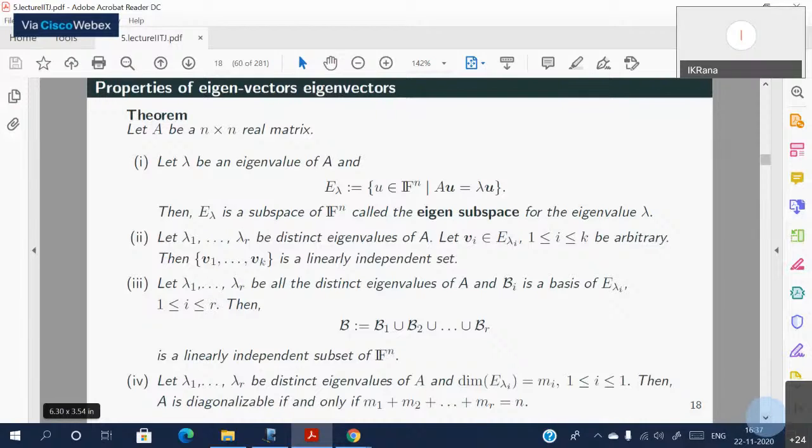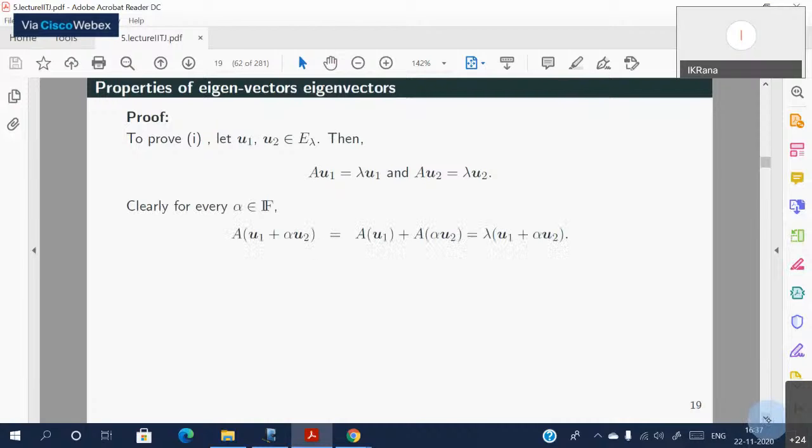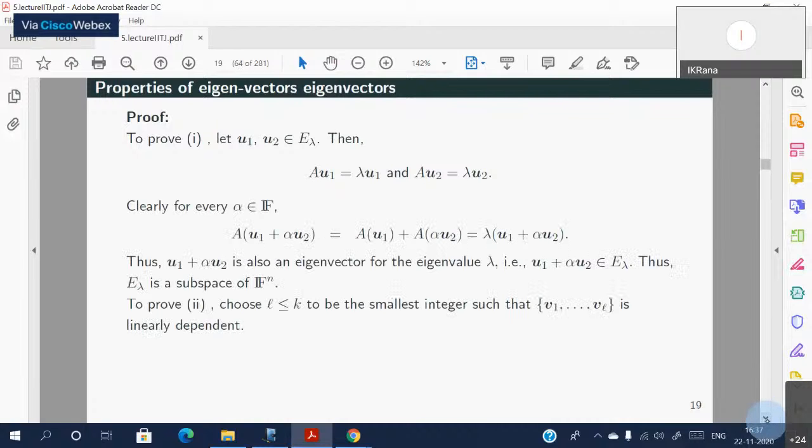Okay, right. So let us look at problem number 2. One, we have obviously seen it is a subspace, so let us skip that. We have k distinct eigenvalues. Let us choose L less than or equal to k to be the smallest integer such that v1, v2, ..., vL is linearly dependent. Keep in mind the first time v1 itself is independent, maybe v1, v2 is independent, and so on, but the first time when you add vL, it becomes dependent.